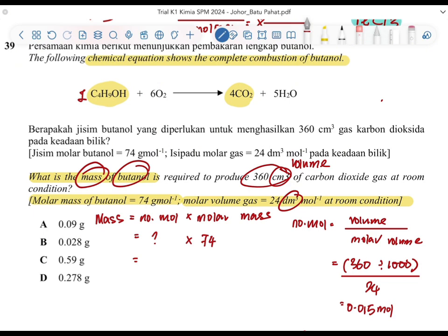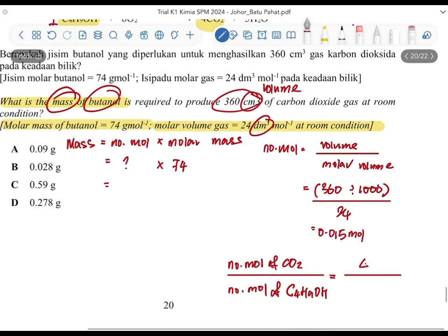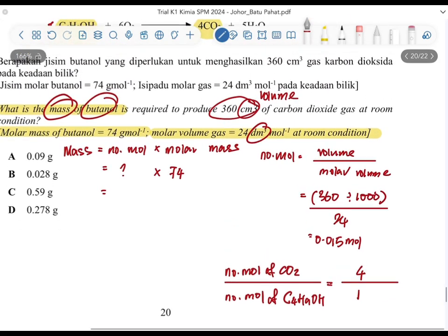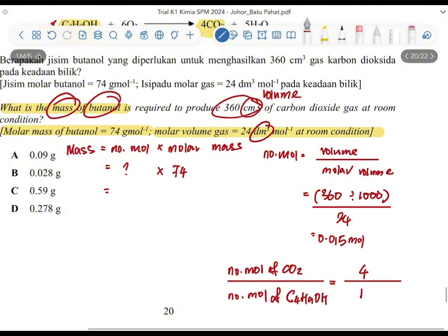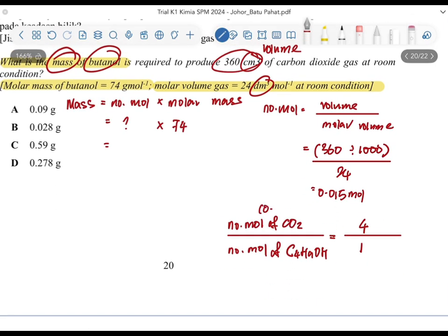We usually do not write out the 1 for 1 mole of the substance. So we put over here 4 and 1. 4 is for the stoichiometric coefficient of CO2, so they must be matched. Over here you put the number of mole of CO2, you cannot put the stoichiometric coefficient of C4H9OH, it is wrong. As we know already, this is 0.015, the number of mole of CO2.